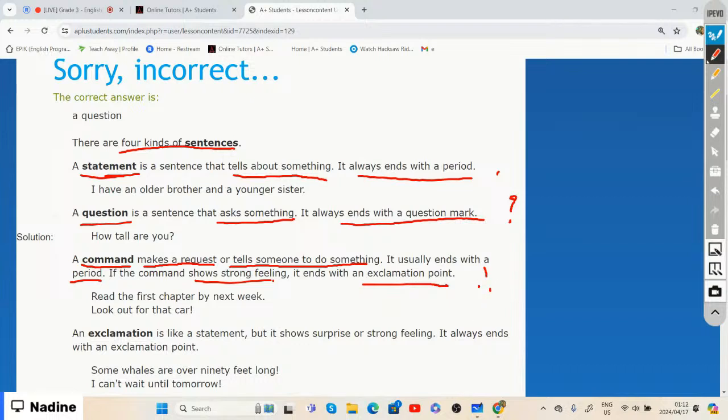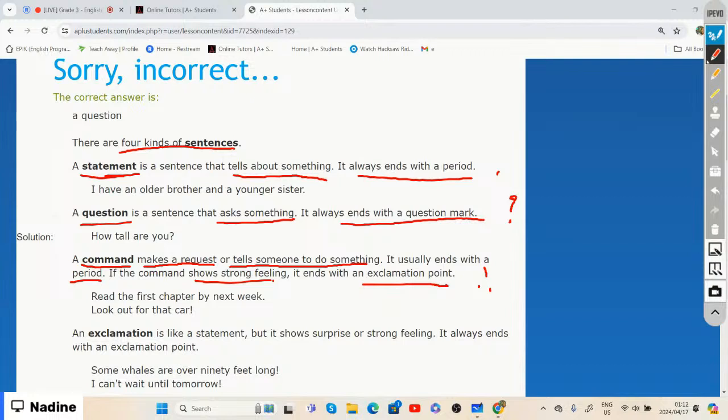If we look at a few examples of commands: read the first chapter by next week, or your teacher telling you to take out your books, or somebody saying, close the door, close the fridge, pass me the milk.